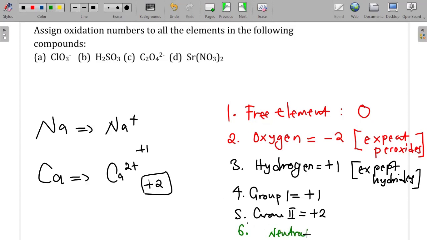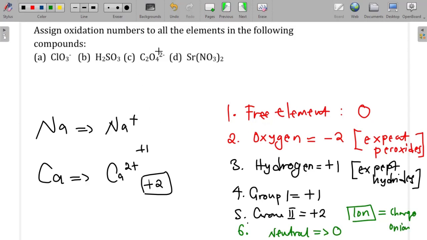Then for an ion, which is a group of atoms, when I add the oxidation numbers of all the elements that are in that ion, the total should be equal to the charge on the ion.